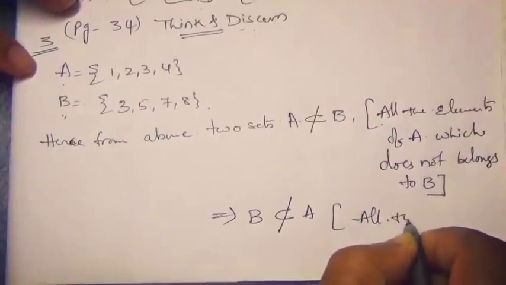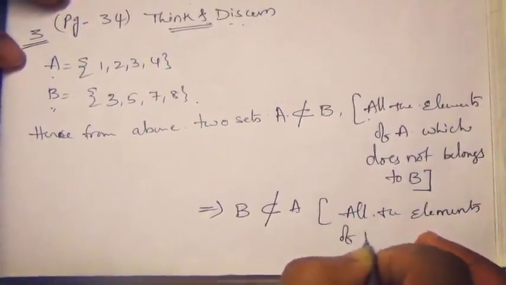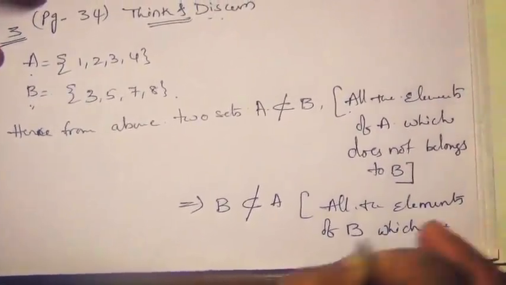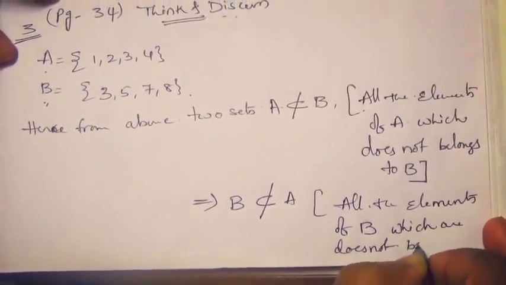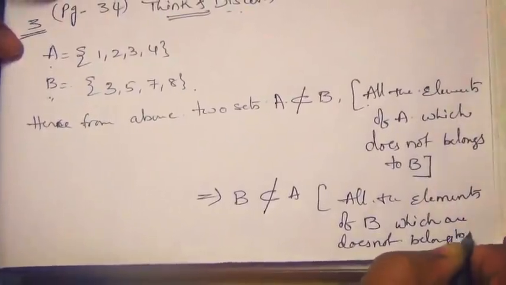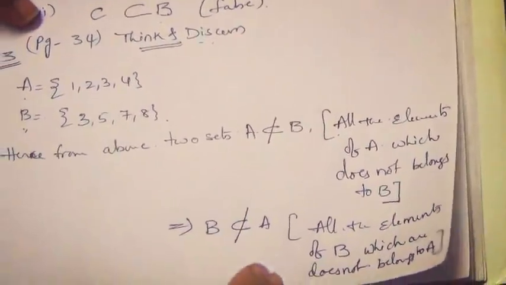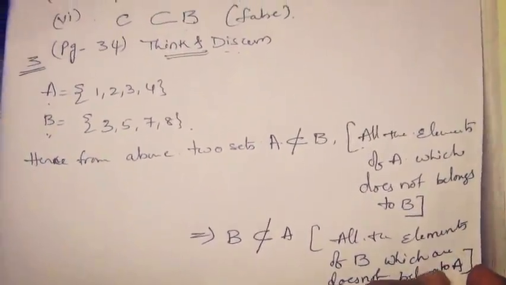All the elements of B do not belong to A. Hence, these two are not subsets. Okay, it is the solution you have to write for the third one.